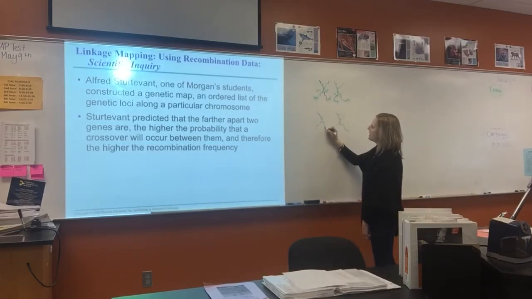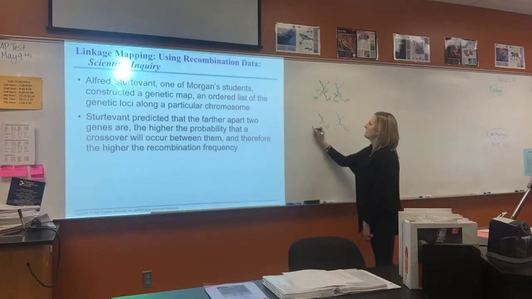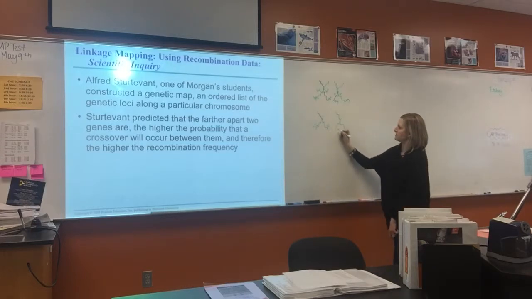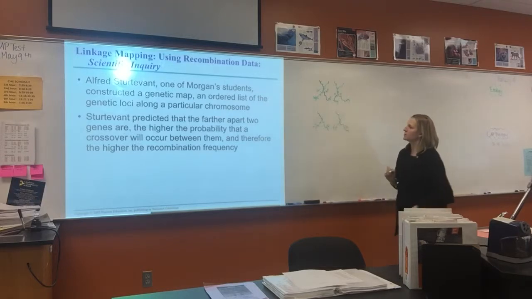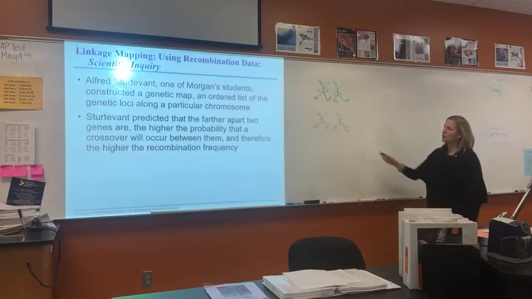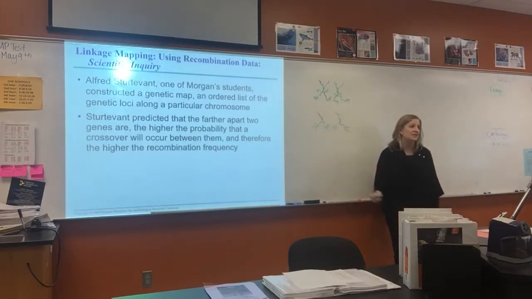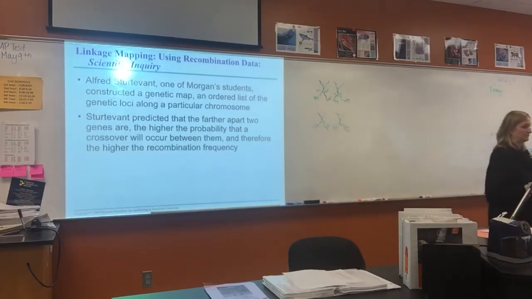So let's say here I make the B plus and the VG plus here. Okay, so this one's B plus and VG plus. So they're close together on the chromosome. And then this is going to be B and VG. So they're real close together. Now, in order to switch the VG genes, what needs to happen?